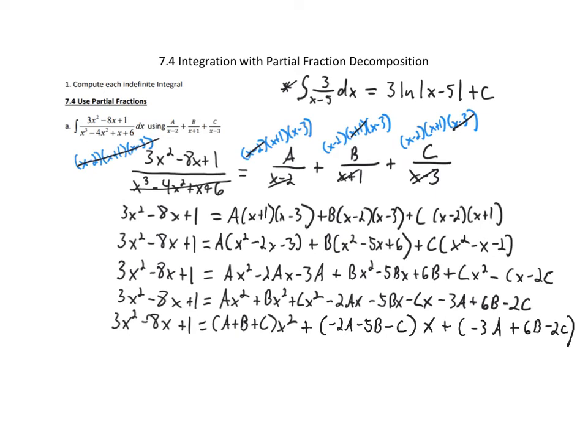The whole reason we did that is that we're going to set up a matrix. We want a plus b plus c to give us 3. We want negative 2a minus 5b minus c to give us negative 8. And we want negative 3a plus 6b minus 2c to give us a positive 1. I'm going to jump to the next page and set up this linear system that we're going to solve.